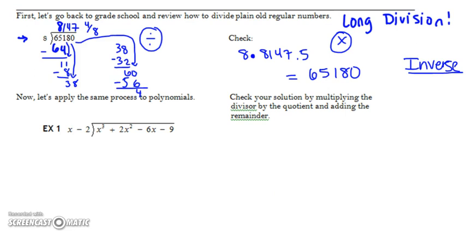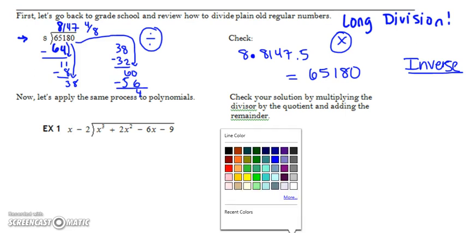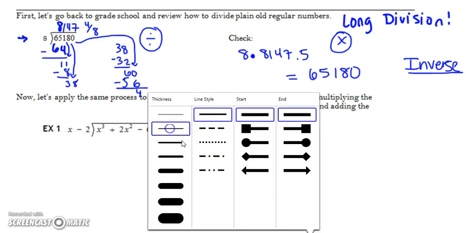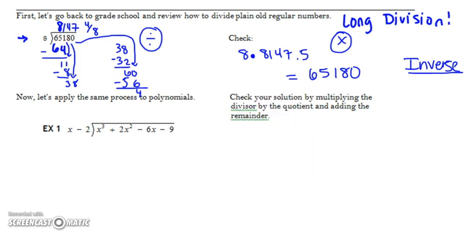Before we get into our actual example that relates to class today, I want you to notice a couple of things. At no point in time did we try to figure out the 8,147. We took it one piece at a time, okay? And that's very, very important.